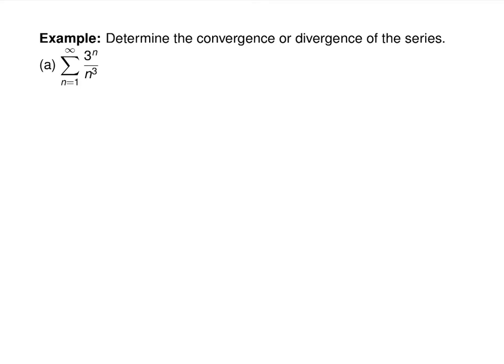Determine the convergence or divergence of the following series. Well, not geometric since it's n cubed and not 3 to the n. So let's try the test for divergence. And let's see what happens. So find the limit as n goes to infinity of 3 to the n over n cubed.